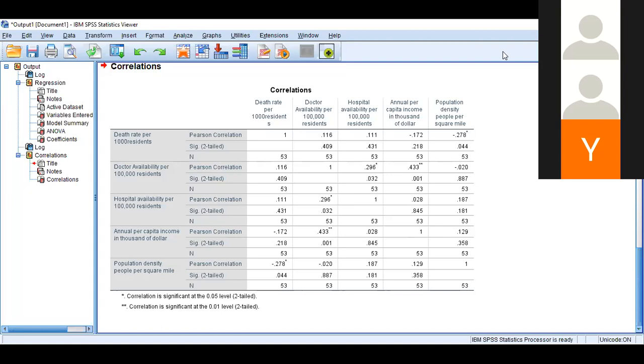Even with population density, we expect that if the population density increases, death rate should increase, but it's the opposite. The one that makes sense here is annual per capita income, which is in the opposite direction with death rate.